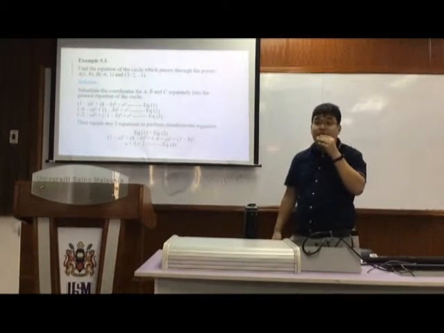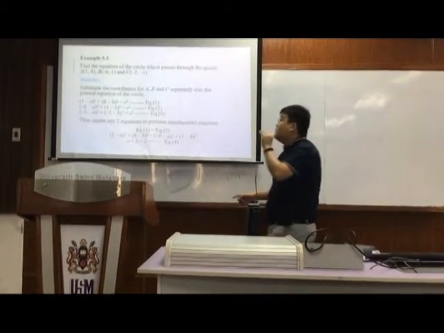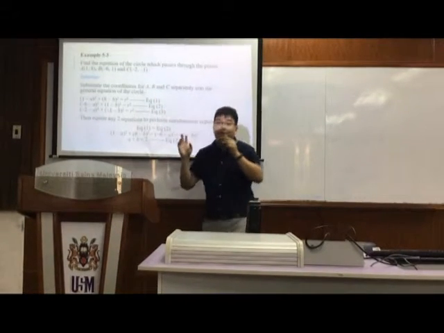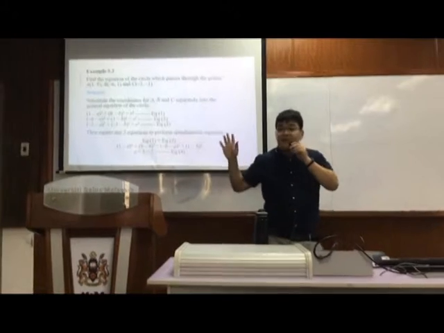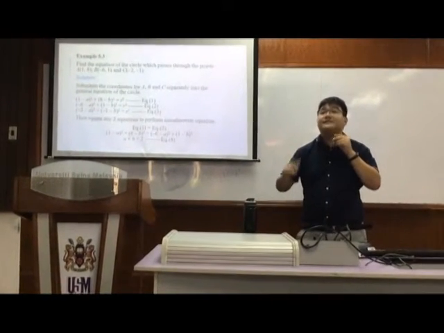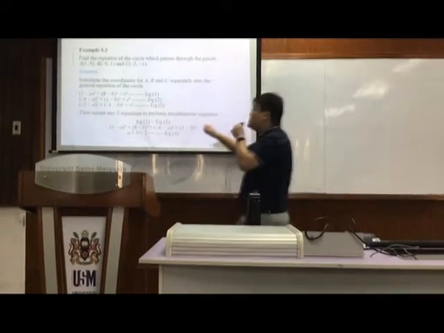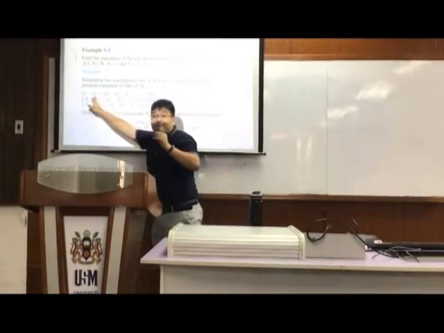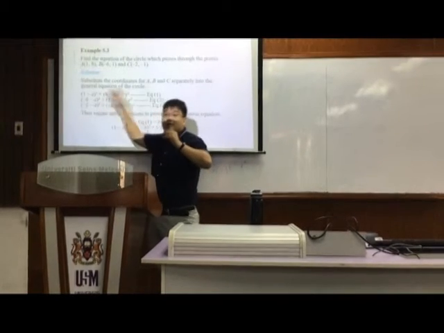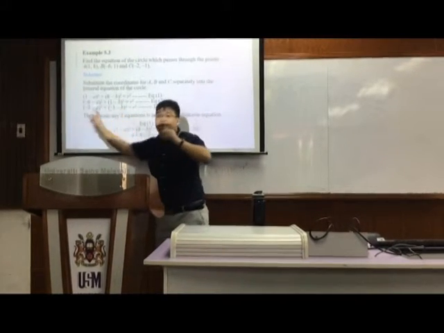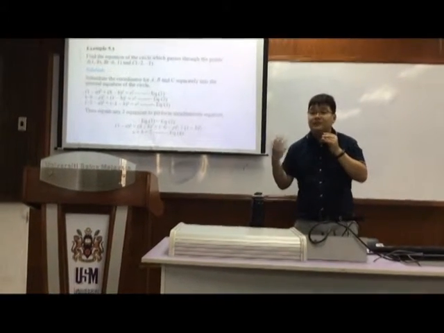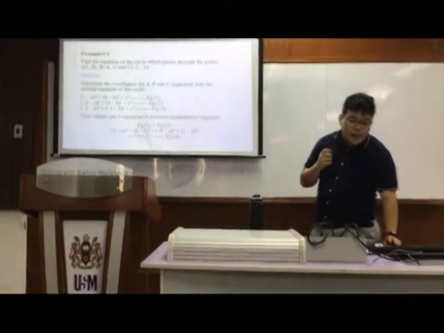Substitute B(negative 6, 1) into the general equation, we will get this, and substitute C, we will get this. If you observe these three equations, they equate to the same constant, which is r squared, meaning that the left part of this equation is equal to the left part of this equation, which equals the left part of this equation. So these three equations are actually equal to each other.